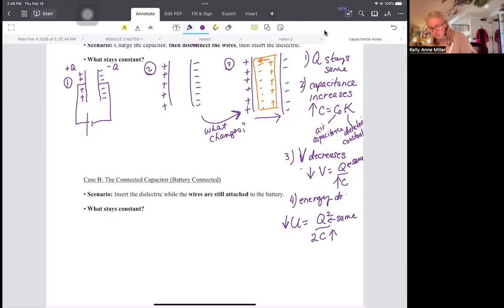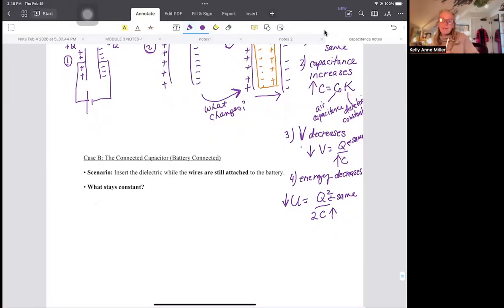So the energy decreases. This is troubling to a lot of people. This is a confusing point. When you insert the dielectric, it's weird that the overall energy would decrease.